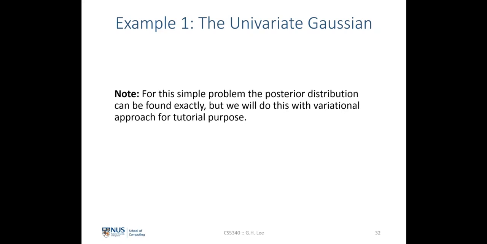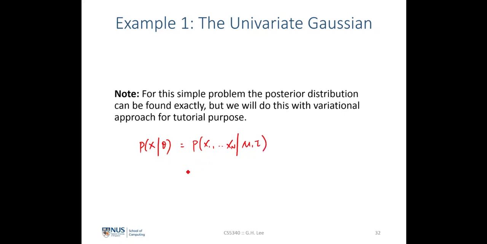Now, note that this is actually a very simple problem that can be solved exactly using our maximum likelihood or maximum a posteriori methods that we have seen in the earlier lecture, which means that we can directly take p of x conditioned upon theta, where x is simply x1 all the way to xn, conditioned upon mu and tau over here.